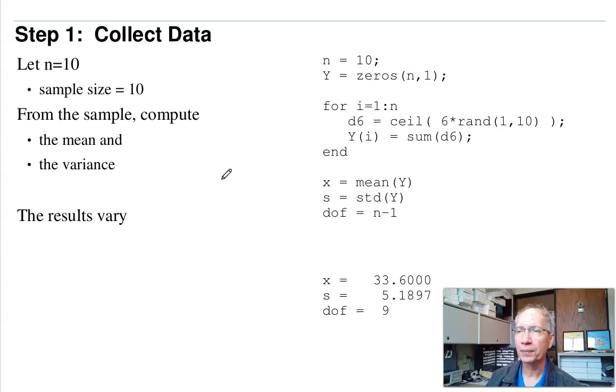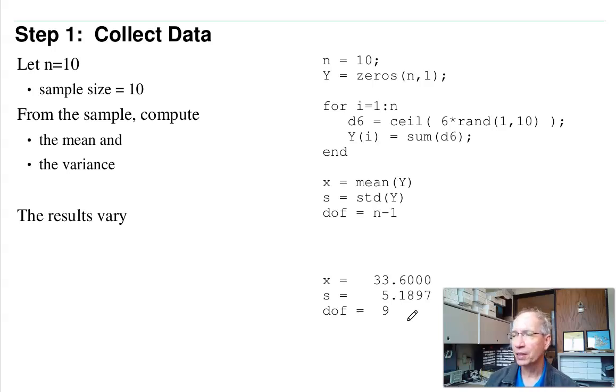Suppose I pick 10. So here in MATLAB, I roll the dice 10 times. I get a mean, I get a standard deviation, I get 9 degrees of freedom, sample size minus 1. So this time when I ran it, I got a mean of 33.6, standard deviation 5.18, and 9 degrees of freedom. Again, your answer is going to vary every time you run this.